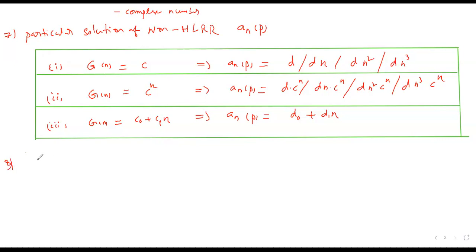After getting this an, substitute an of p in equation 1, in the given non-homogeneous linear recurrence relation, and find the constants.